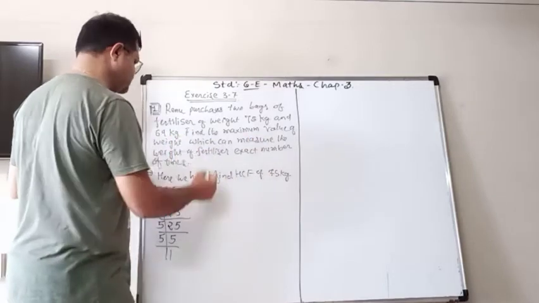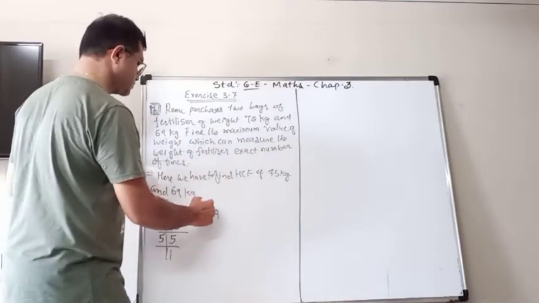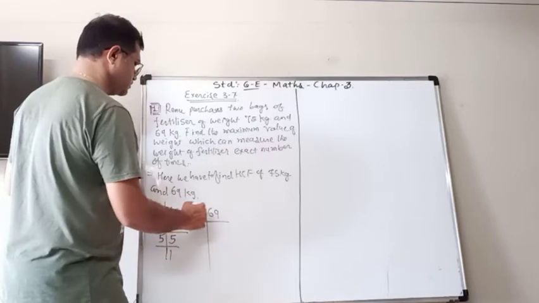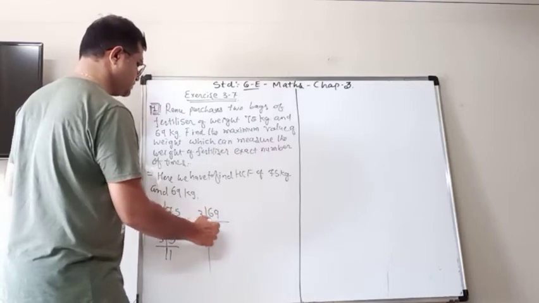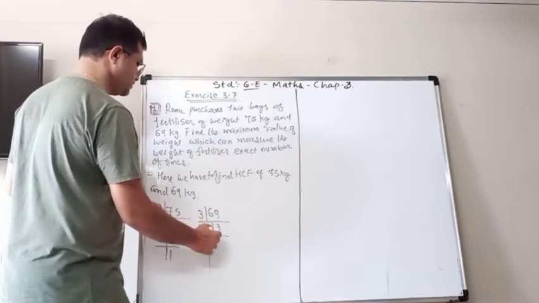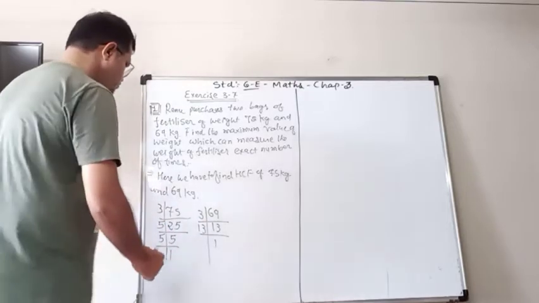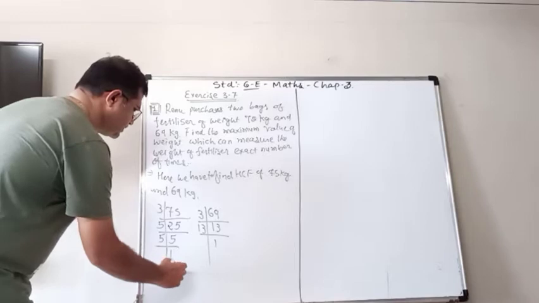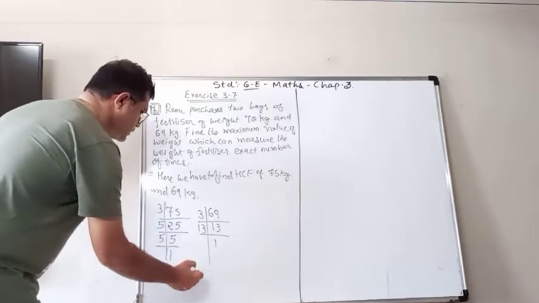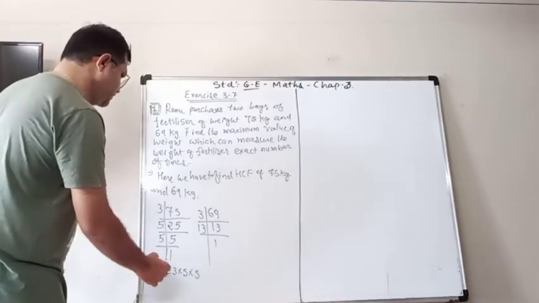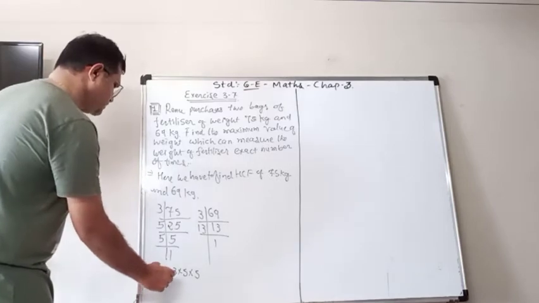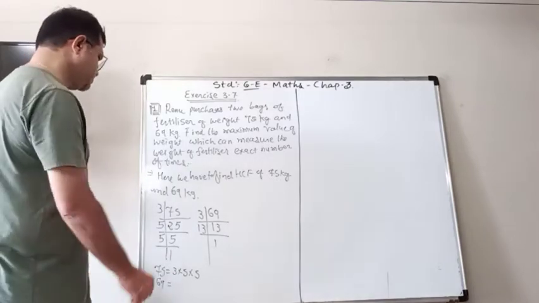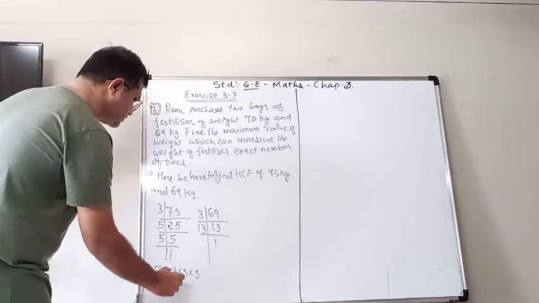Then the other number is 69. 3 twenty-threes are 69, and 23 ones are 23. So now 75 is equal to 3 multiplied by 5 multiplied by 5, and 69 is 3 multiplied by 23.